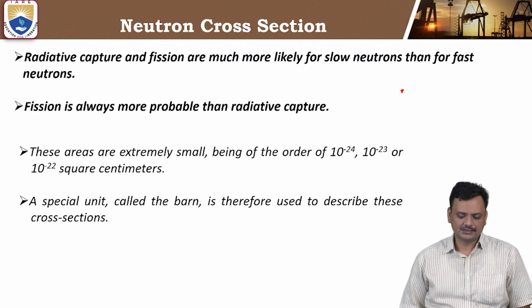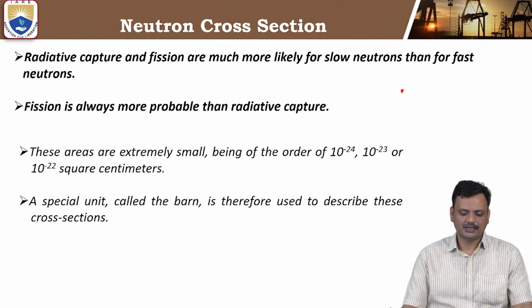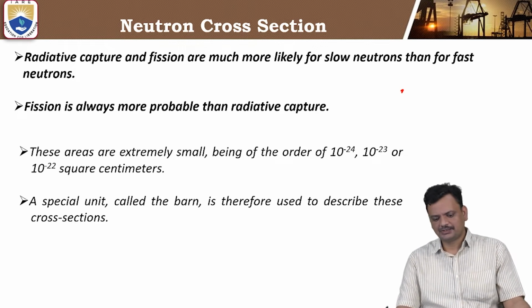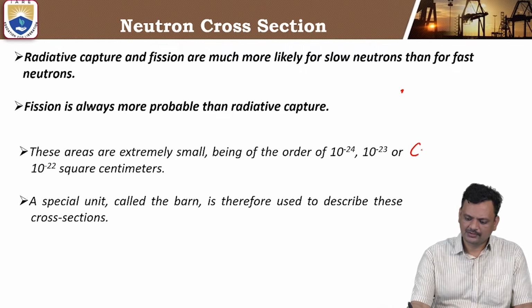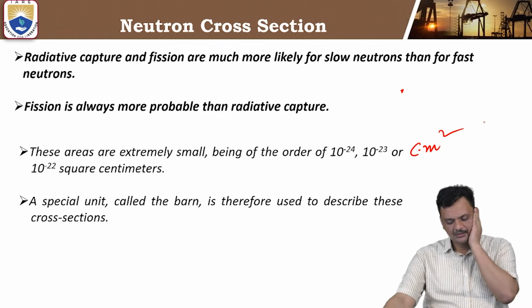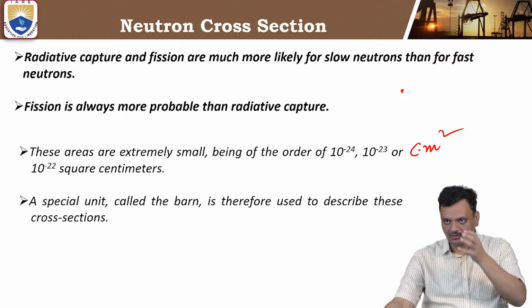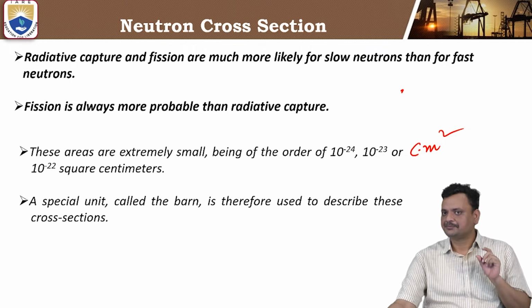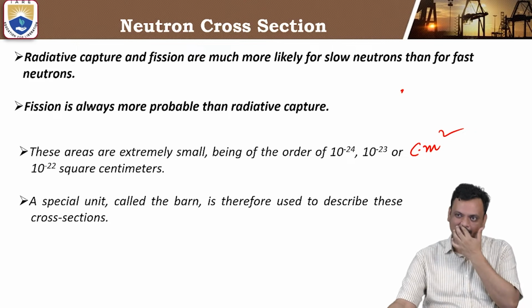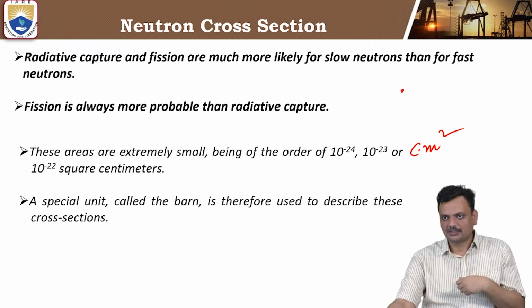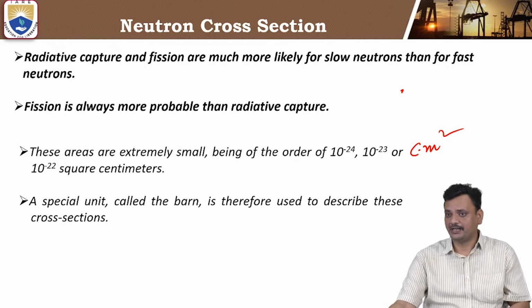The next thing written here is that these areas are extremely small, being of the order of 10 to the power minus 22 to 10 to the power minus 24 centimeter square. You can imagine how small an area it is around the nucleus. Measuring these areas where the nucleus will go for a nuclear reaction is also very critical.